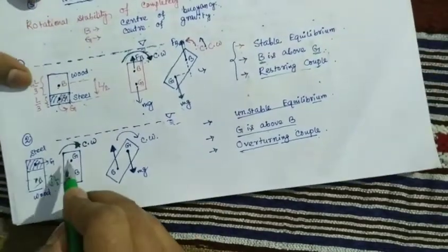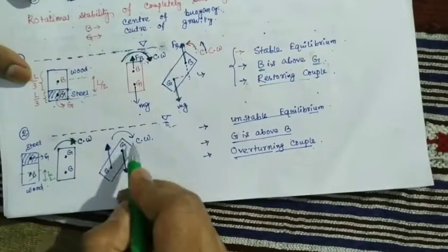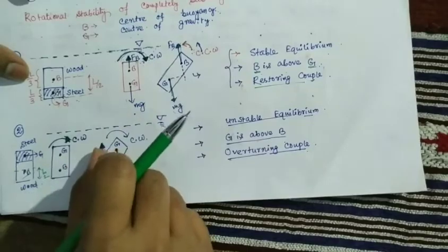If I give a clockwise rotation, the body never regains its original position because an overturning couple is produced.